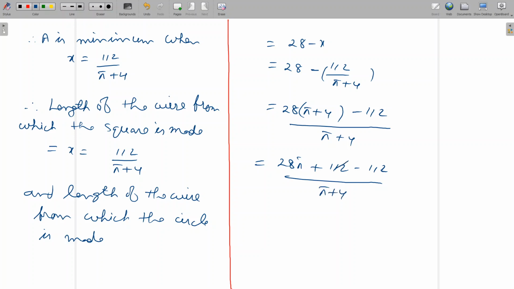So these two will be cancelled out and we will be getting 28 pi over pi plus 4. So therefore, length of the wire from which the circle is made will be 28 pi over pi plus 4 centimeter, and the length of the wire from which the square is made will be 112 over pi plus 4 centimeter. So this is complete.